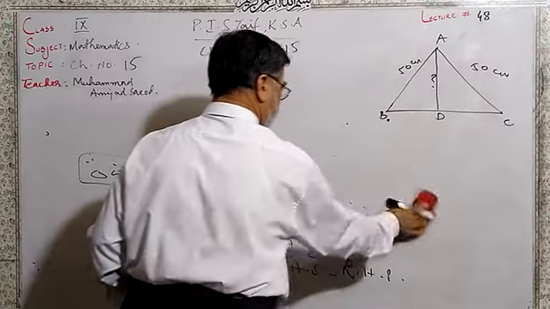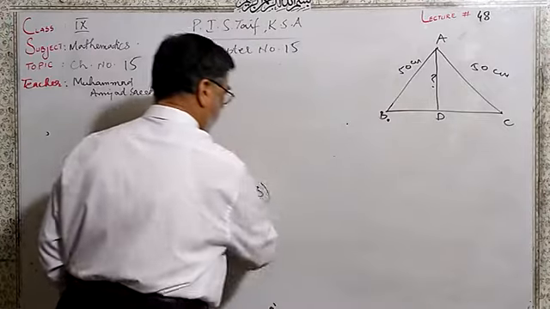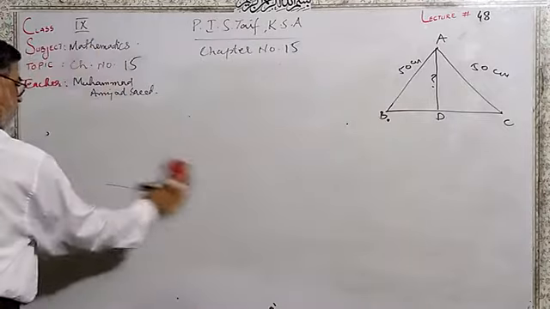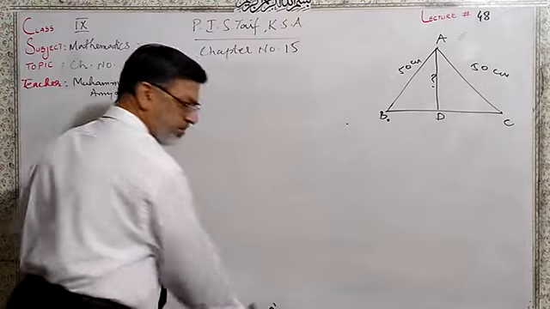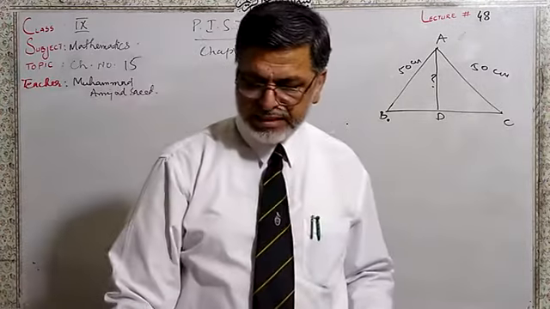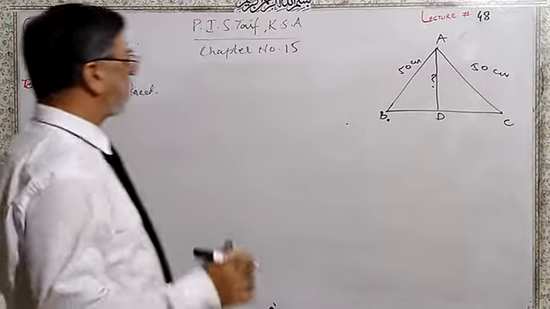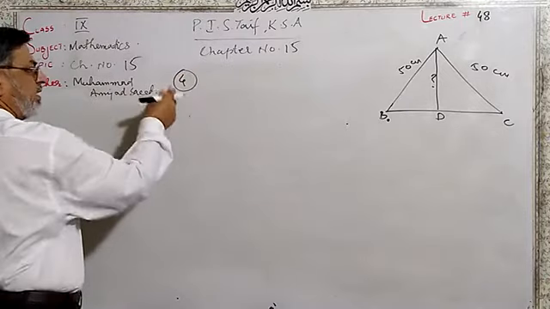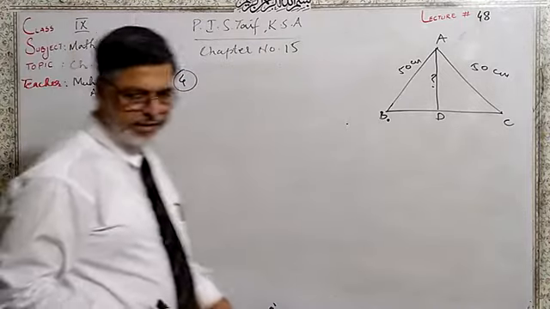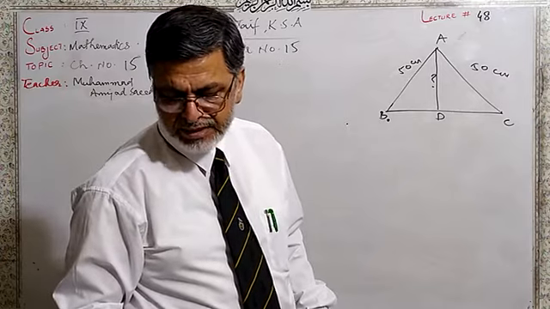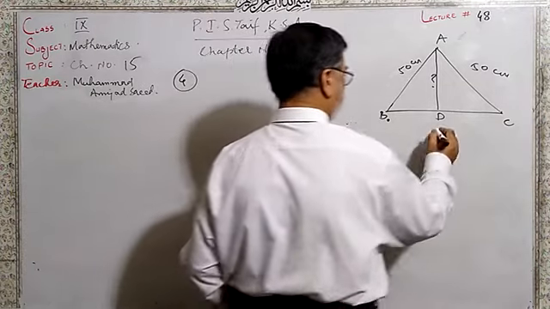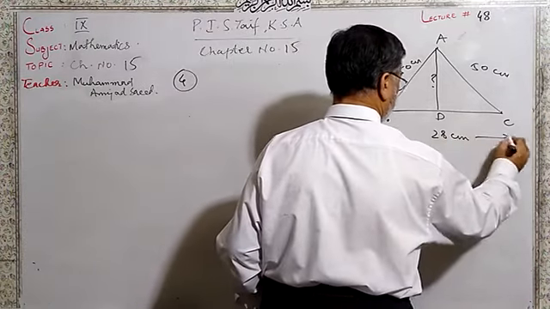So dear students, that was your exercise 15, question number 4 in fact. This is a new question included here. So BC was equal to 28.